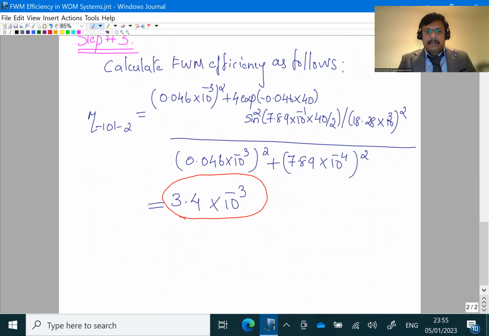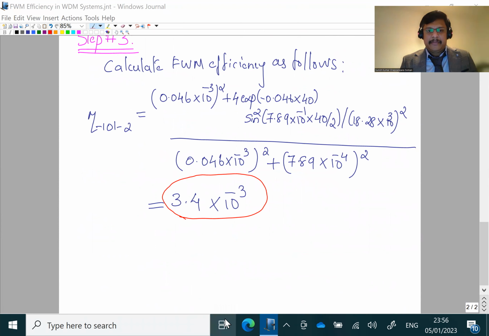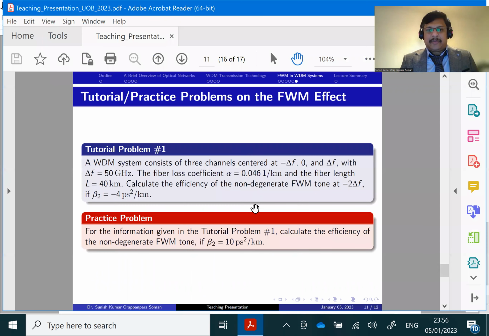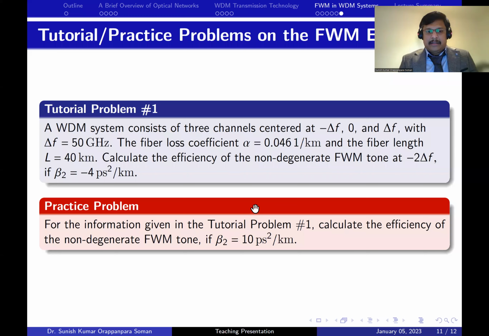So this is an example of how we can calculate the four-wave mixing efficiency in a WDM system. Here there is a practice problem. You can try to solve it using the same parameters as in tutorial problem 1, with beta 2 equal to 10 picosecond square per kilometer. This will give you a stronger understanding of the four-wave mixing effect.